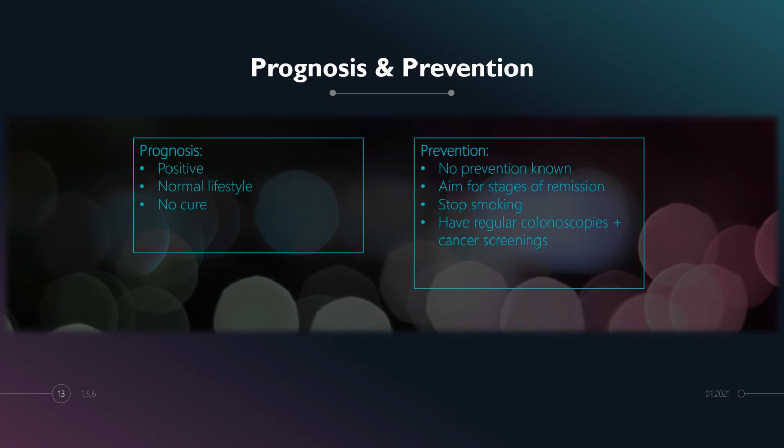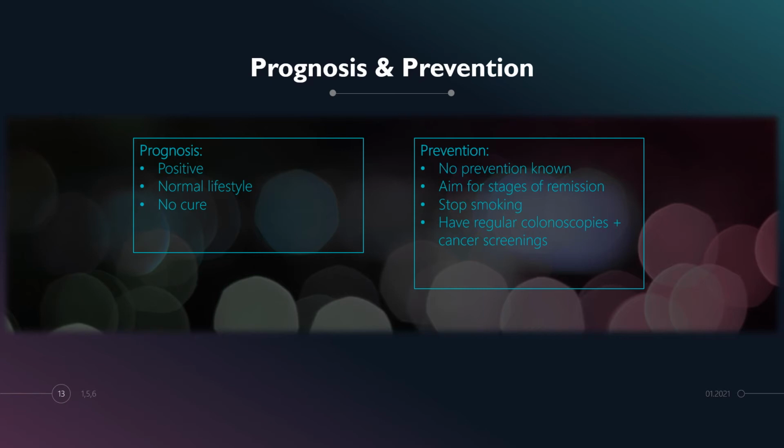It's also important, if you are a smoker, to stop smoking. As I mentioned, smoking is one of those environmental factors that can cause or increase incidences of Crohn's flare-ups. And so if you are a patient living with Crohn's disease and you're smoking, it's very highly encouraged to quit completely.